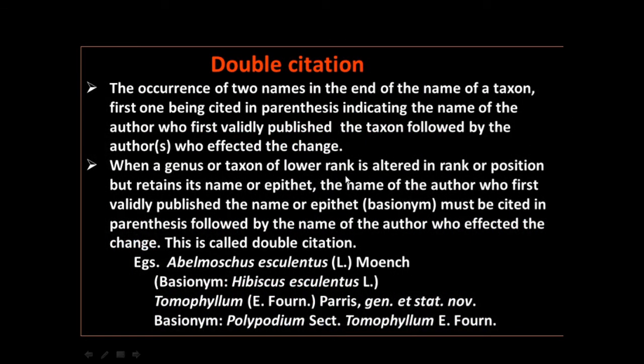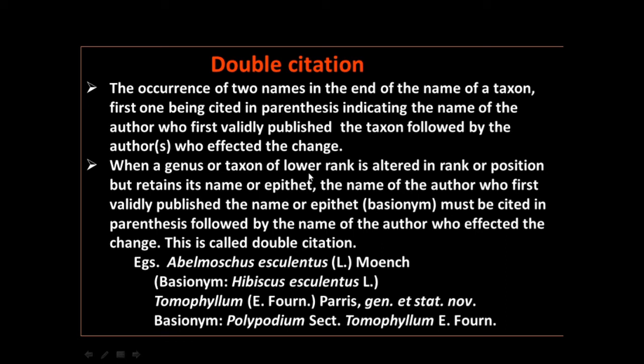Then double citation. Citation is citing the name of the authors or their abbreviated form after botanical names. The occurrence of two names at the end of the name of a taxon, the first one being cited in parenthesis, indicating the name of the author who first validly published the taxon, followed by the author who effected the change.